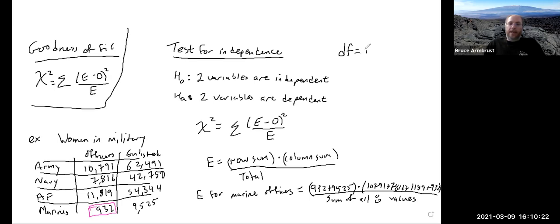But what you're going to do is take the number of rows minus 1 times the number of columns minus 1. So like in this example, our degrees of freedom would be: number of rows is 4, minus 1 is 3. Columns, there are 2, minus 1 is 1. So we get 3 times 1, which is 3.